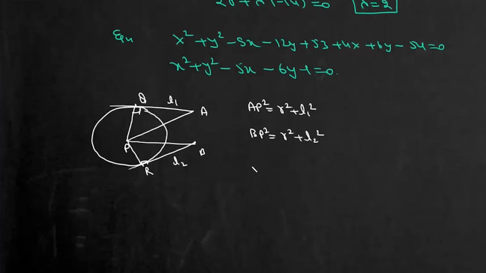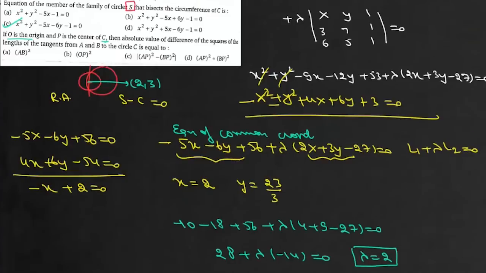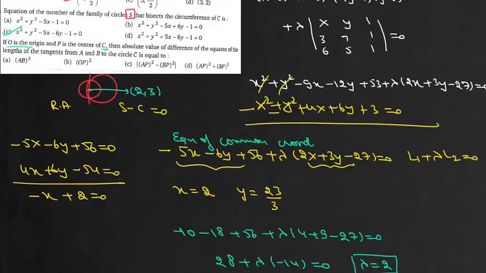Now we subtract them, we can write mod of AP square minus BP square will be equal to mod of L1 square minus L2 square. Now L1 square minus L2 square is the absolute value of the difference of squares of lengths of tangents, which we need to find in this question, and it is equal to mod of AP square minus BP square. That means the answer to this third question is option C.